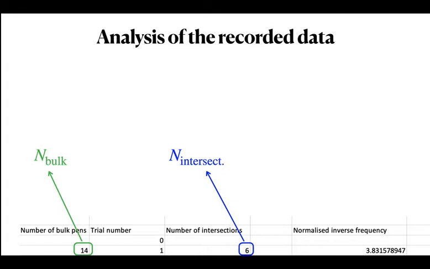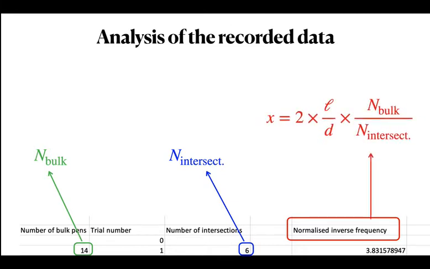And finally, we've got this particular part here, which is a normalized inverse frequency. So what the hell does that mean? Well, this is a quite maybe cumbersome looking formula, which I'm going to call x, and which is 2 times L over D, so the ratio of the length of the pen divided by the spacing between the lines on the floor.